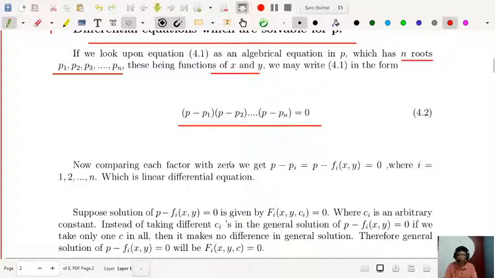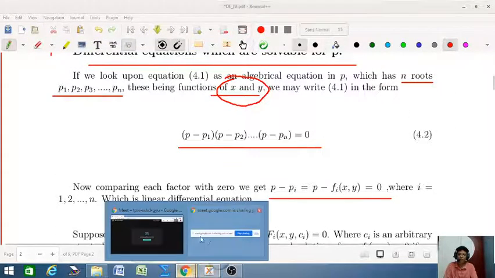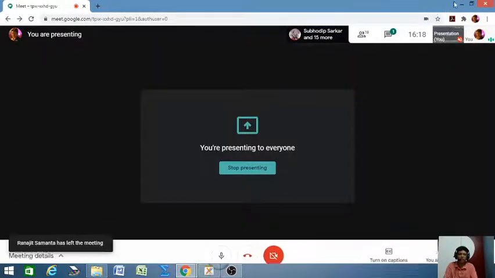Considering all these linear factors separately equal to 0, you will have p minus pi equal to 0, and pi are functions of x and y. These roots are actually functions of x and y.